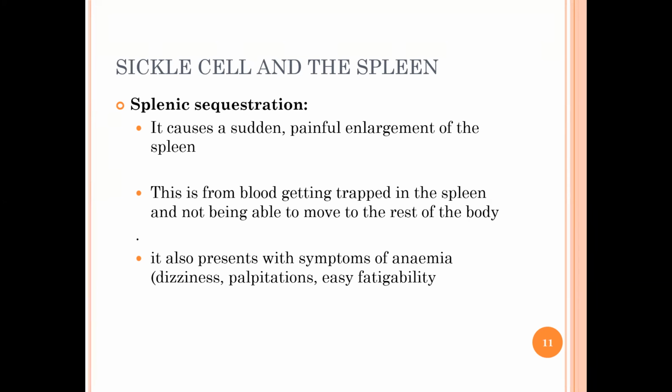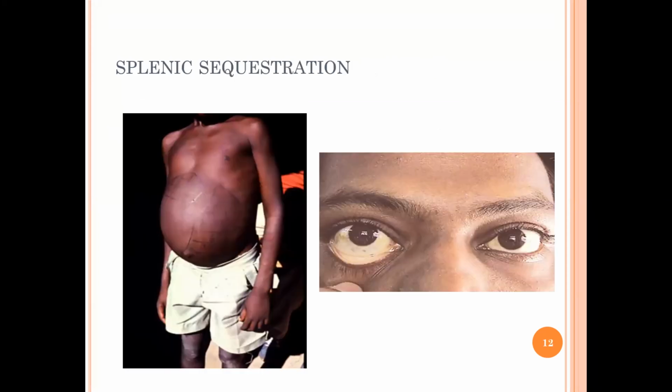So now the spleen becomes very big with a lot of blood containing red cells. And because all your blood is in your spleen, now you have symptoms of anemia. So dizziness, palpitations, easy fatigability. You have difficulty in breathing on exertion. All those symptoms of anemia are present.